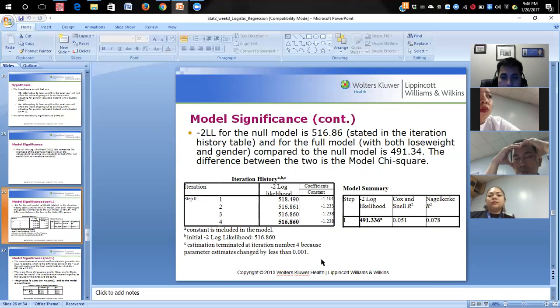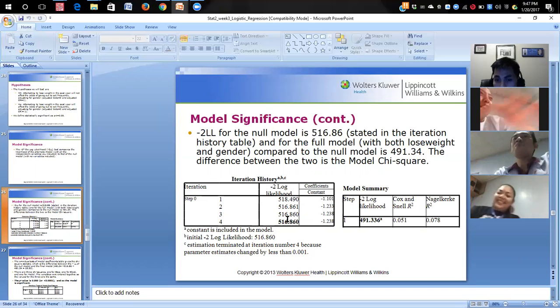So this is what maximum likelihood is all about: if the change from the 1st iteration to the 2nd iteration to the 3rd iteration is less than 0.001, it will stop there, because that's what the algorithm of maximum likelihood estimation is all about.